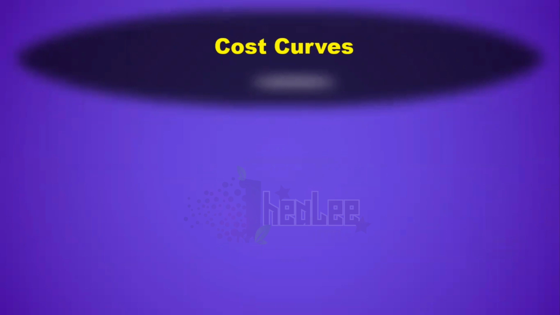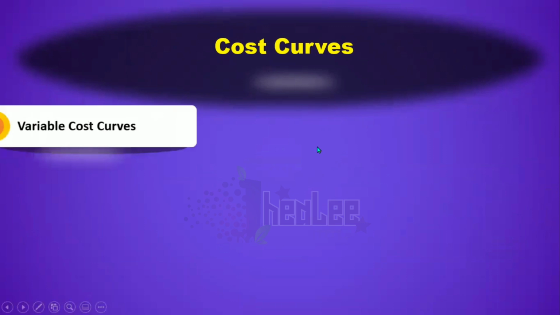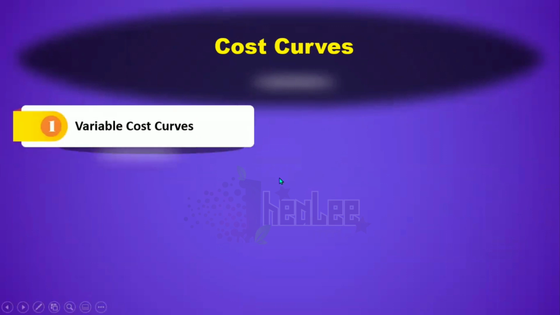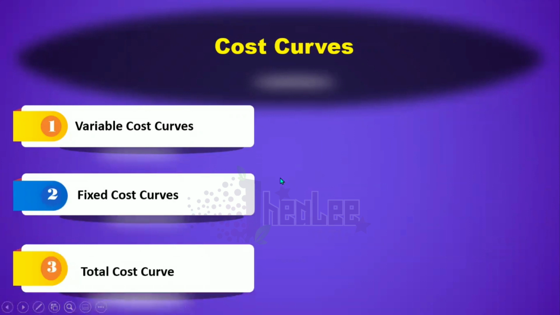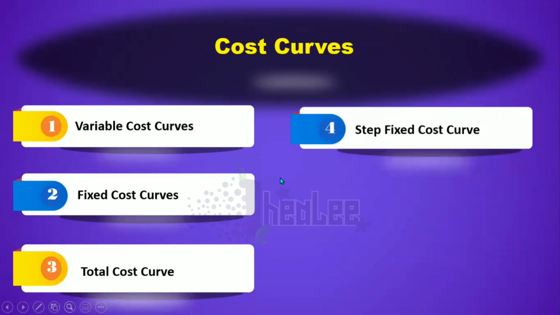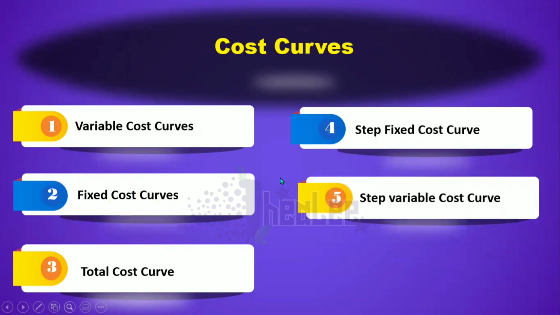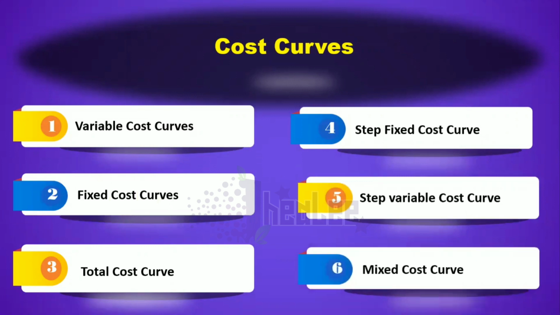But in preparation, you need to know the following curves: variable cost curve, fixed cost curve, total cost curve, step fixed cost curve, step variable cost curve, and mixed cost curve. You should know the difference among these curves. You should be able to draw the curves and identify them, etc.